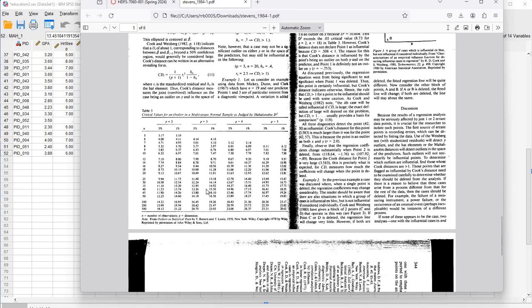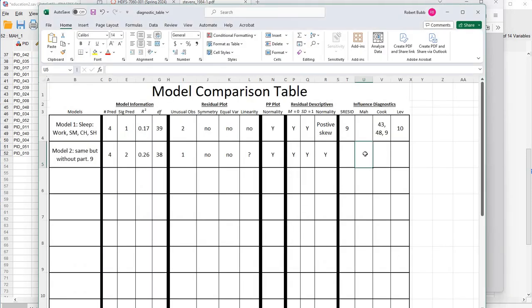So right about here, and we see the cutoff is 14.96. So obviously 13 is getting close to it, but it has not exceeded it. So the most extreme value isn't a concern, so there are no values in our data set that are a concern for Mahalanobis distance. All right, so we'll leave that one blank as well.